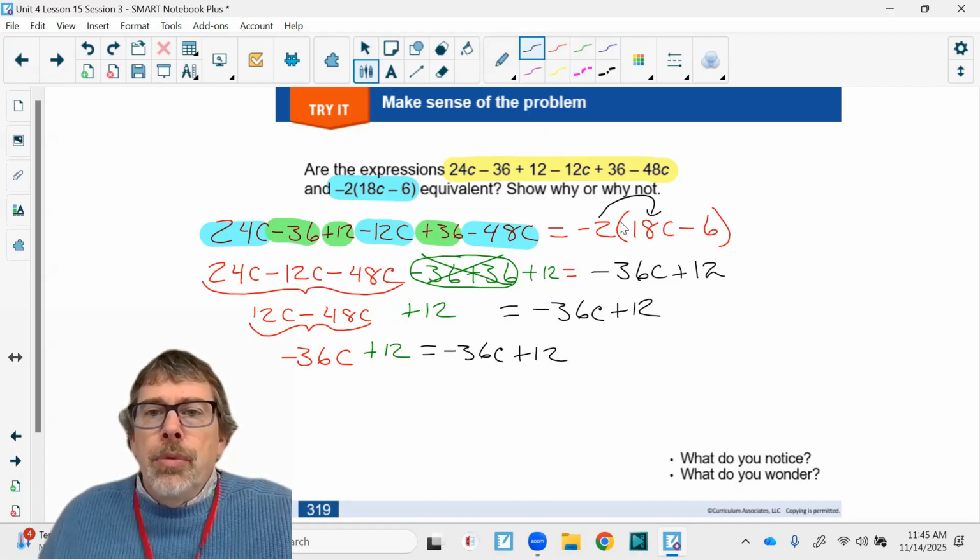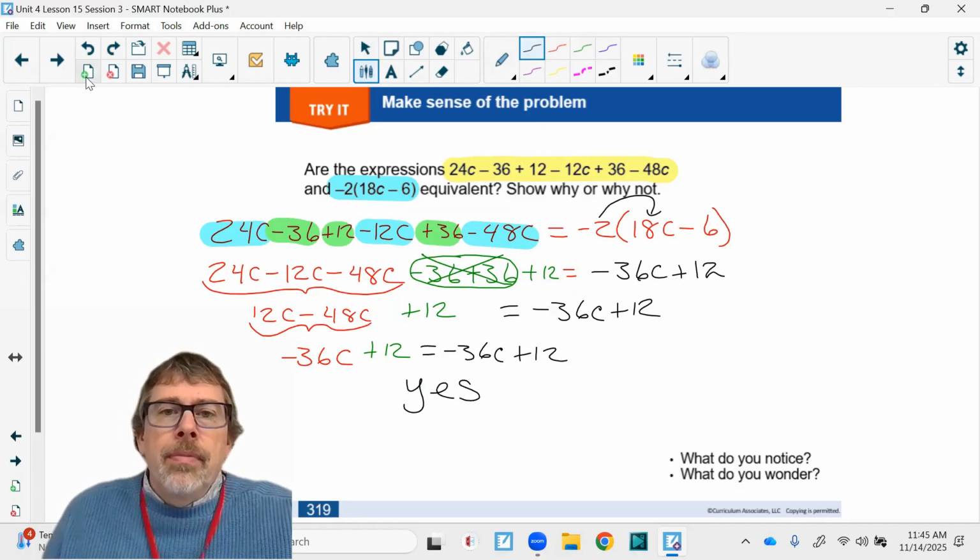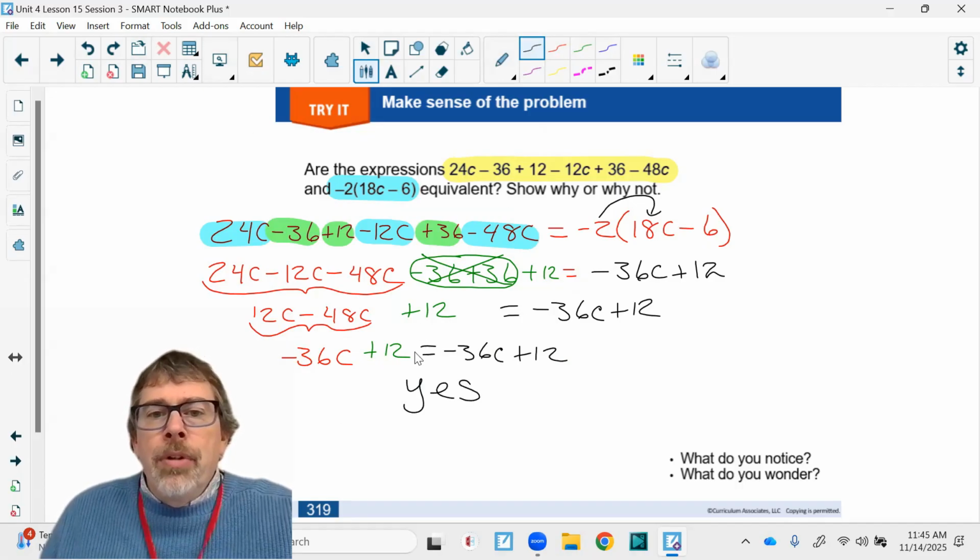Okay, so negative 36c plus 12, and this is negative 36c plus 12. So are they equivalent? And the answer is yes. Okay, why or why not? Well, your why is right here. You showing your work explains the reasoning.